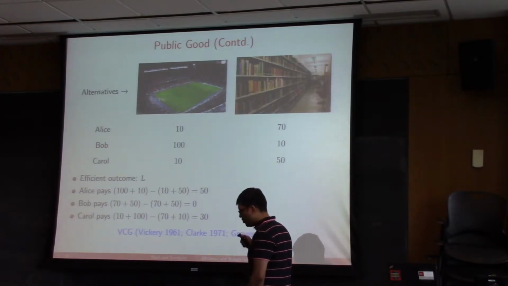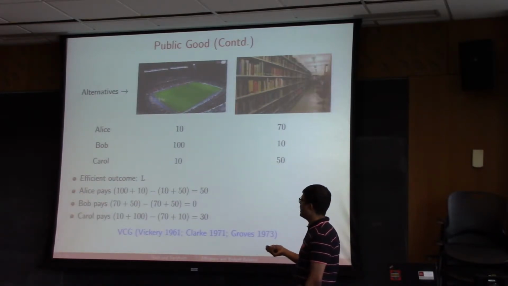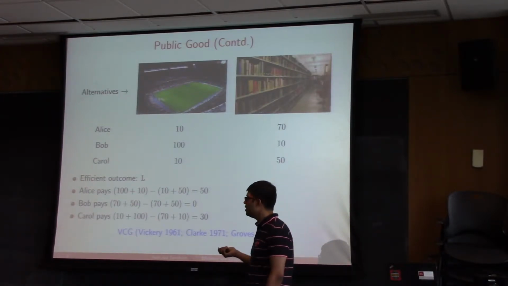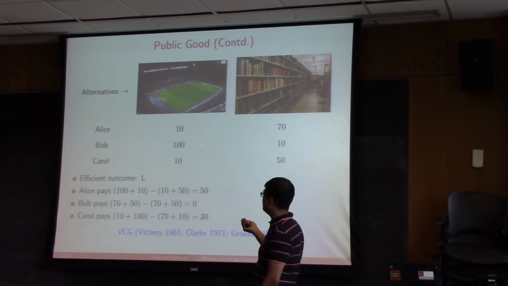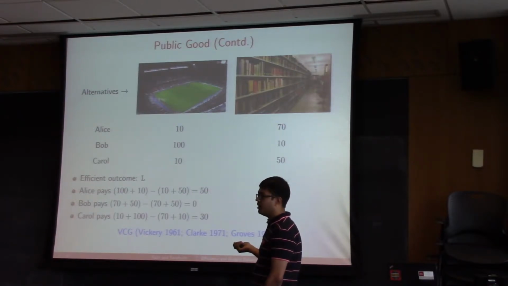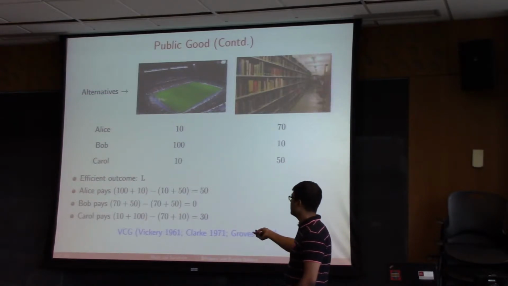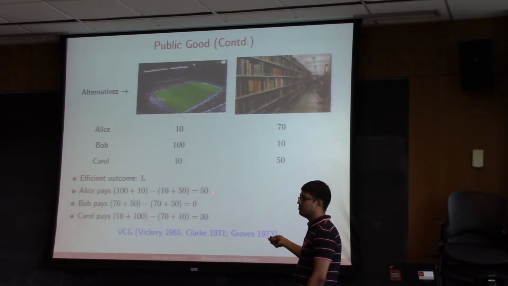I think a more interesting question is, I am calling this efficient, but just looking at the valuations. I just said that the utility of these agents is the valuation minus the payment. I'm still considering the efficient outcome to be the outcome that maximizes the valuation, and I'm not considering what payment these guys are making.